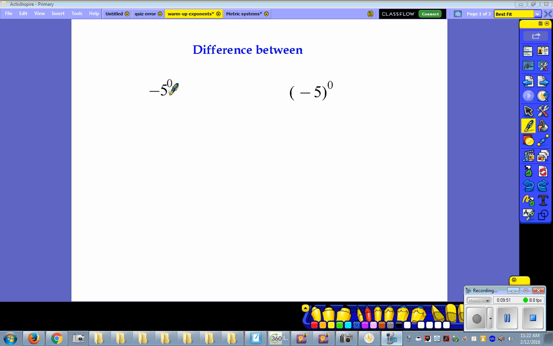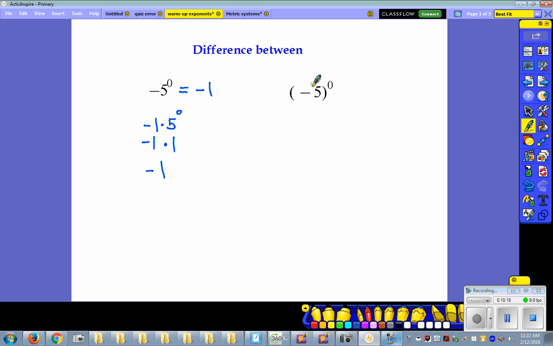We have a coefficient here, which is a negative 1 times 5 raised to 0. Now 5 raised to 0 is equal to 1, but you still have a coefficient of negative 1 here. So negative 1 times 1 will give you a negative 1. So this is actually equal to a negative 1.